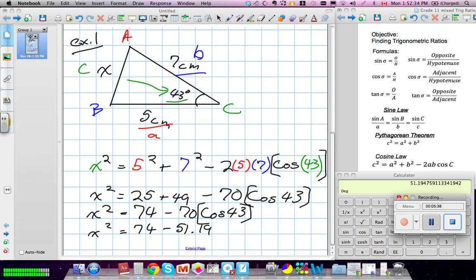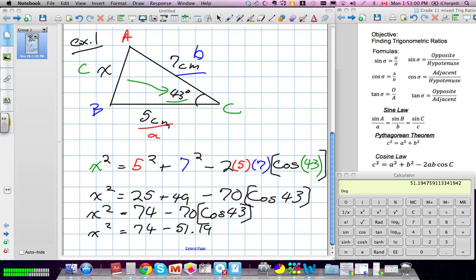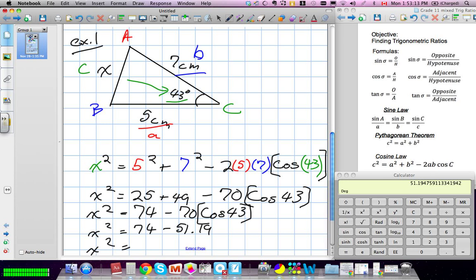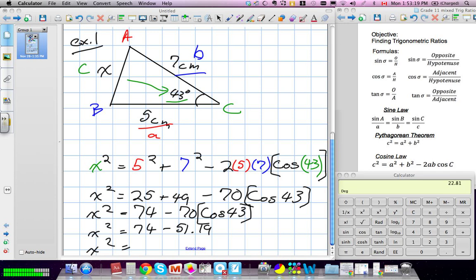I rounded to 2 decimal places. Guys, with all these questions, please round to at least 2 decimals. If you decide to write the entire number out, that's great. Go right for it. So next we'll have x squared is equal to 74 subtract 51.19, which is 22.81.